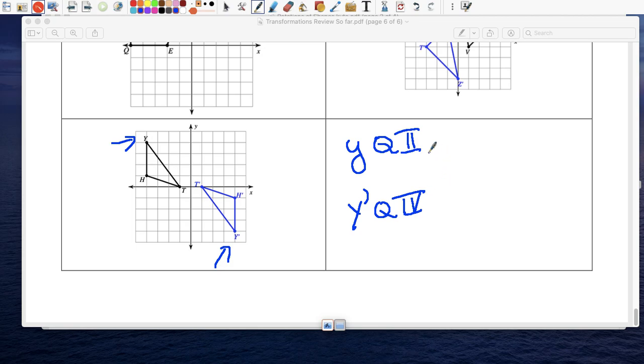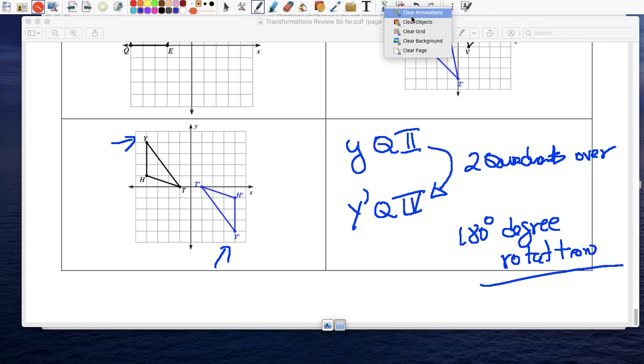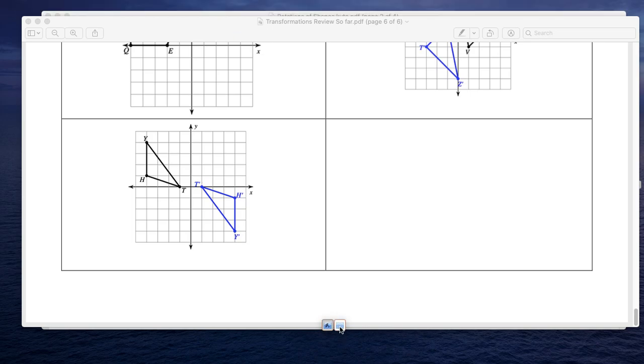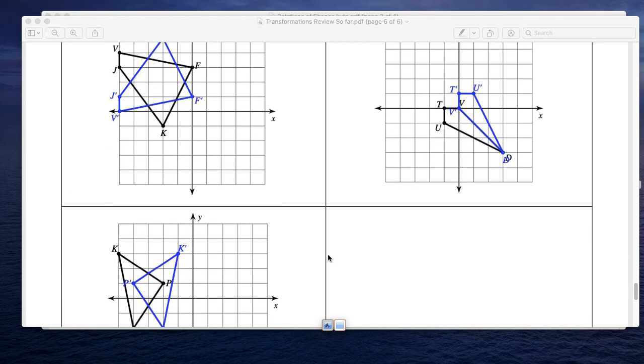Notice that from quadrant 2 to 4 is 2 quadrants over, and you know that when you travel 2 quadrants over, it's a 180 degree rotation, and we don't care if it's clockwise or counterclockwise, because you end up in the same spot. And that's it. Literally, that's it.